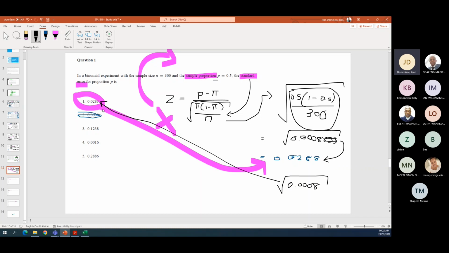In the exam, this will not be the case. You will work with the answer that was on your calculator and not a rounded-off number.